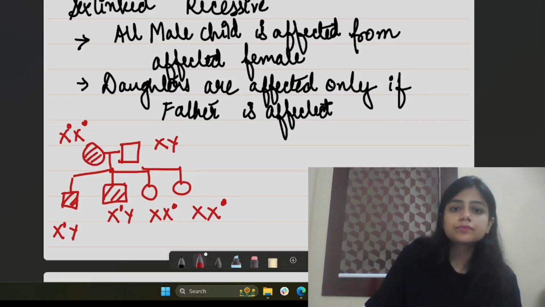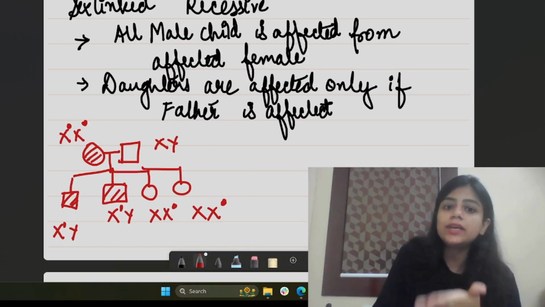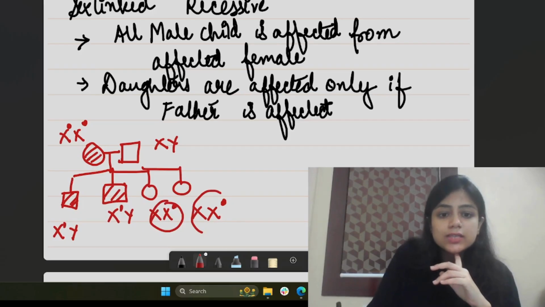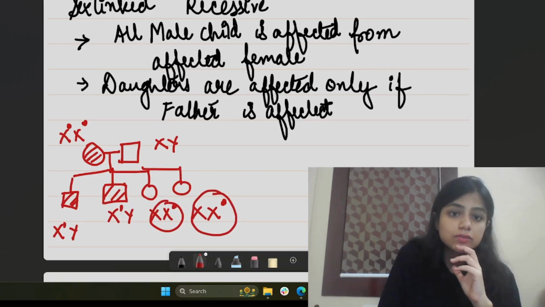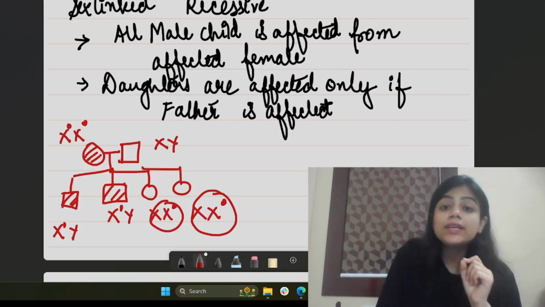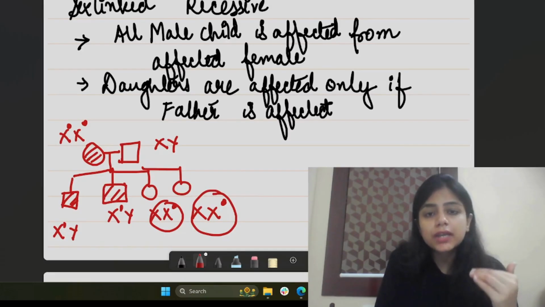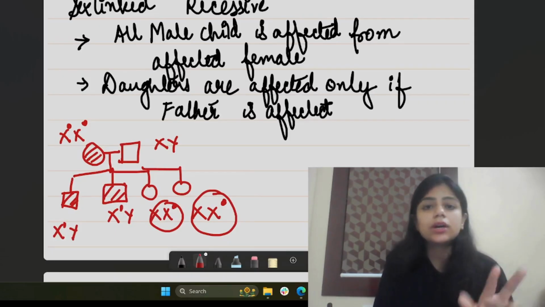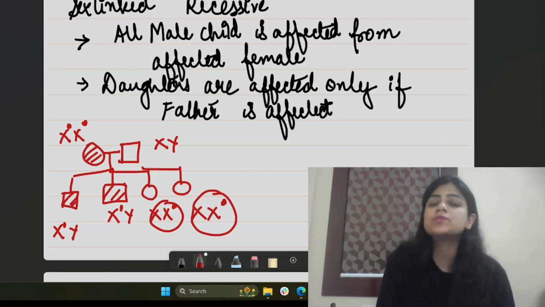Fine. The second statement is that daughters are affected only if the father is affected. Definitely, see here, she is the carrier of the disease, and this one is also a carrier. The recessive trait is always shown only when both the sex chromosomes are affected.